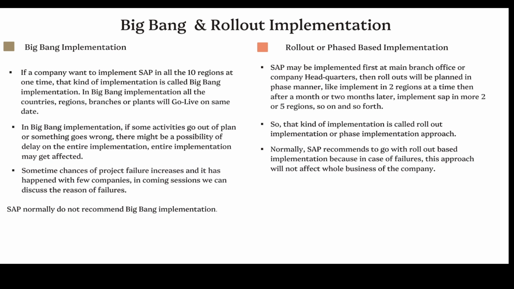The entire implementation may get affected. Sometimes chances of project failure increase, and it has happened with a few companies. In coming sessions, we can discuss the reasons for failures. So therefore, SAP normally does not recommend Big Bang implementation. SAP recommends the rollout implementation approach.